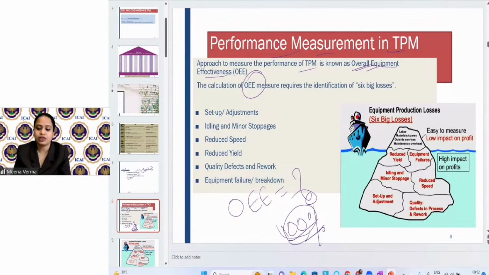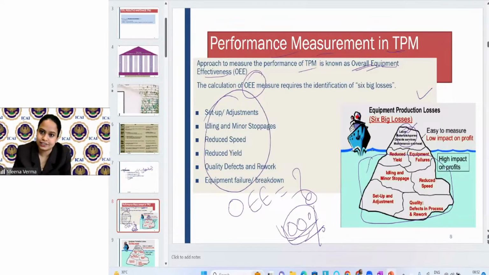Now look here, where are we focusing? We are focusing on identifying the losses. Losses in labor, plant and machinery are easy to identify and do not impact the organization much compared to these losses, which have a high impact.